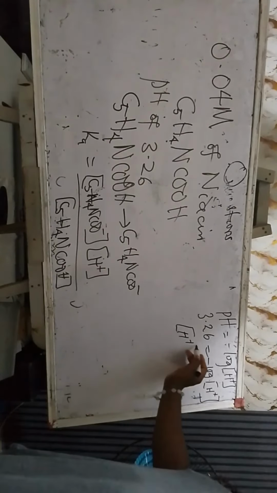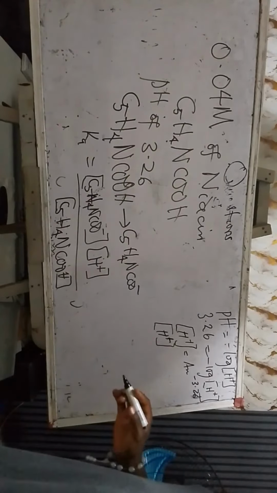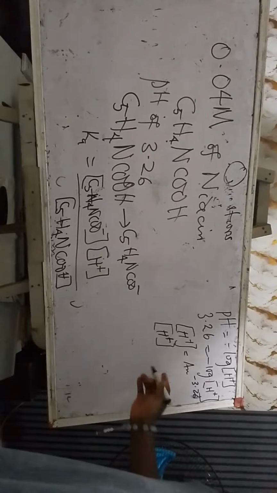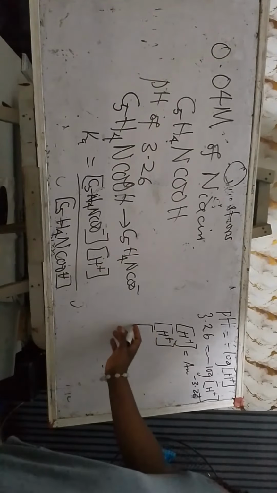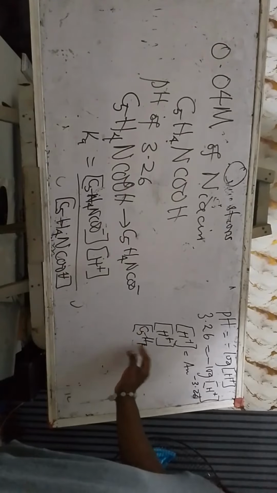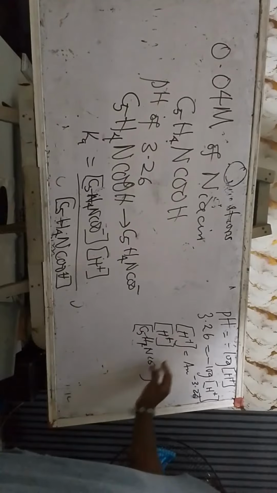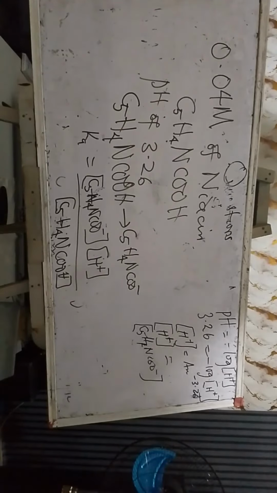That will be your concentration of hydrogen ion, and that will be the same concentration of your C5H4NCOO minus. So what do you have when you did antilog? Are we there?